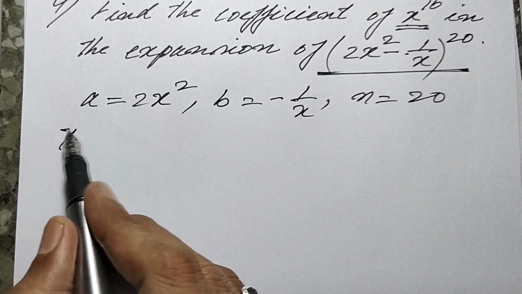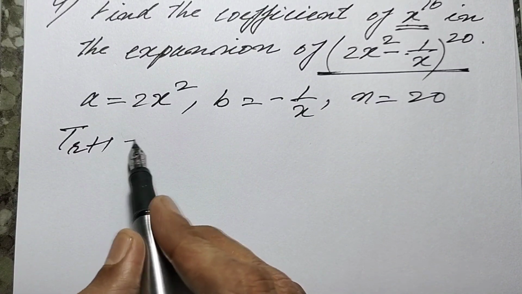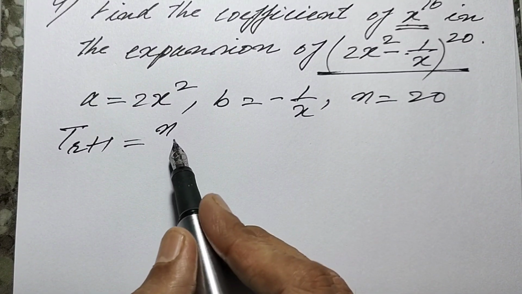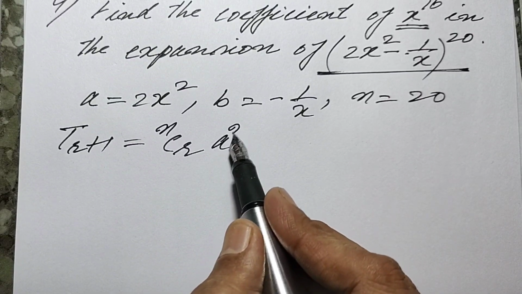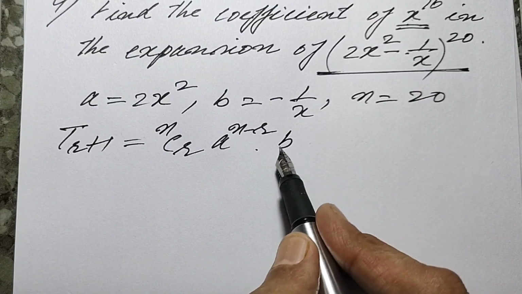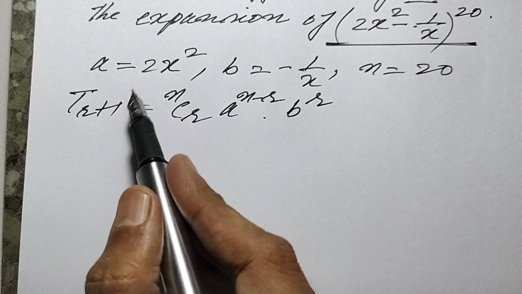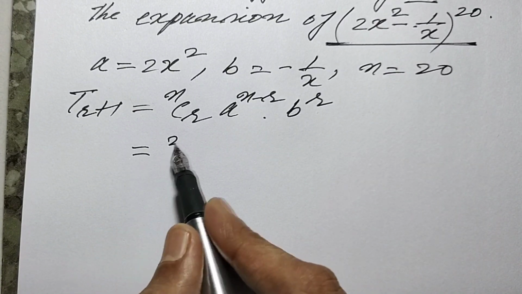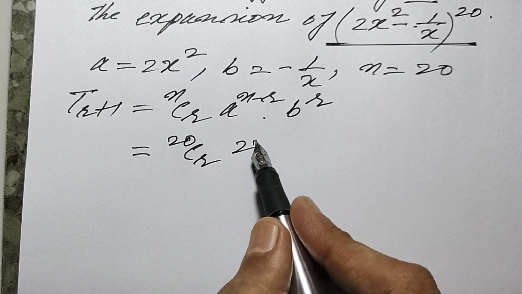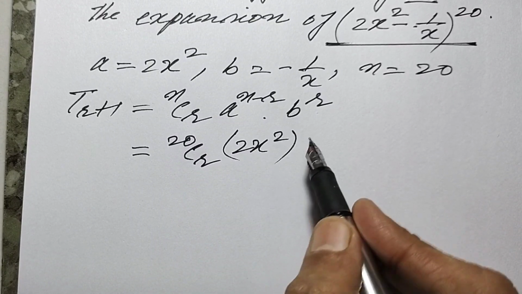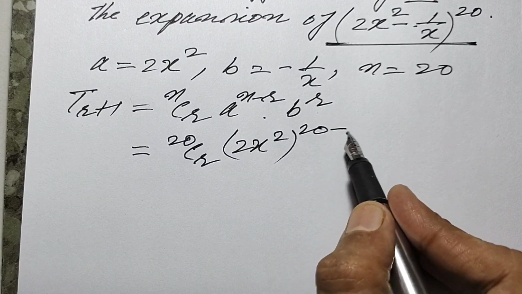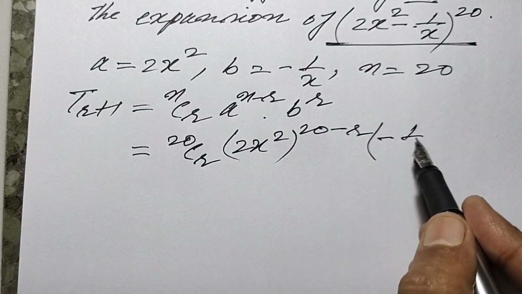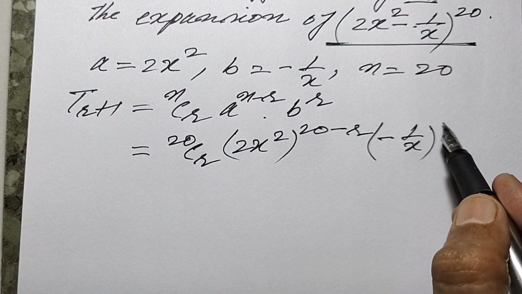Then we should write T(r+1). T(r+1) is nCr a raised to the power n minus r, b raised to the power r. And we need to substitute the values of a, b and n in this identity. We have 20Cr (2x square) raised to the power 20 minus r, (minus 1 upon x) raised to the power r.